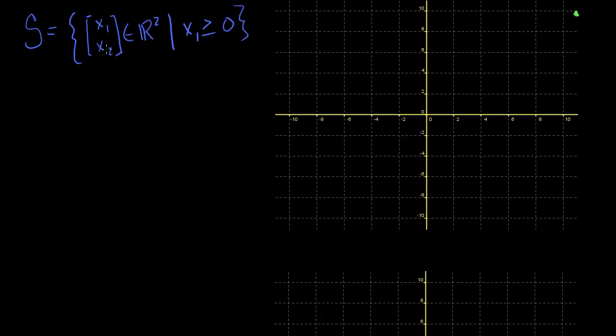So it contains all of the vectors in R2 that are at least 0 or greater for the first term. So if we were to graph that here, what do you get? We can get anything. We can move up or down in any direction, right?